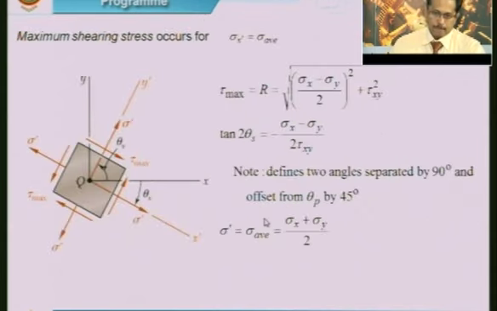Now, the maximum shearing stress was also discussed, where we use this equation to get the maximum shearing stress and the plane on which it occurs by using this equation. The average shear stress is given by this, which would be the stress acting on the plane where the maximum shearing stress occurs.